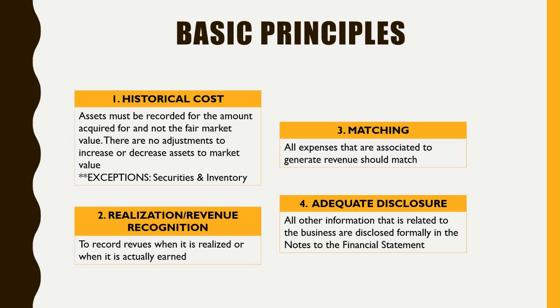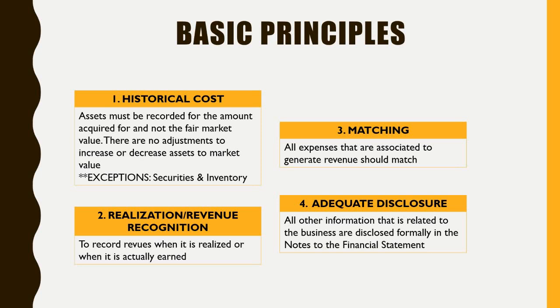You cannot create invisible money out of nowhere. So the only time that you'd be able to recognize that gain is by selling that property and then recognizing that you got a gain out of it. Okay? So again, historical cost basically tells you you cannot increase or decrease the value after you made the purchase.